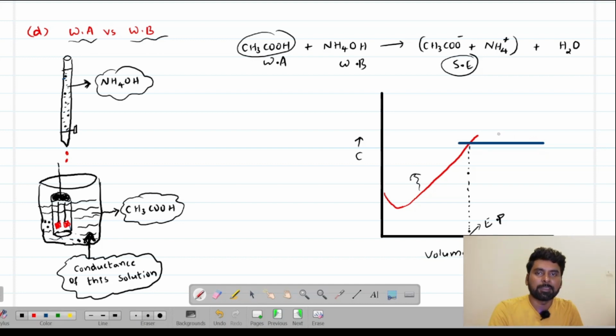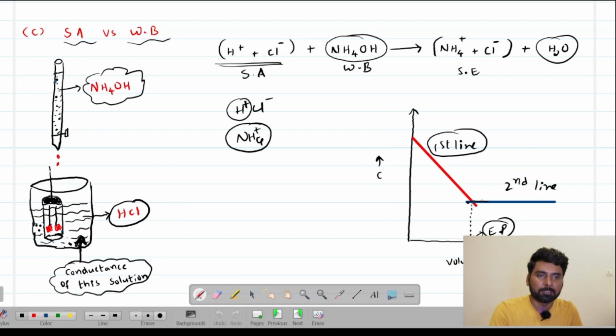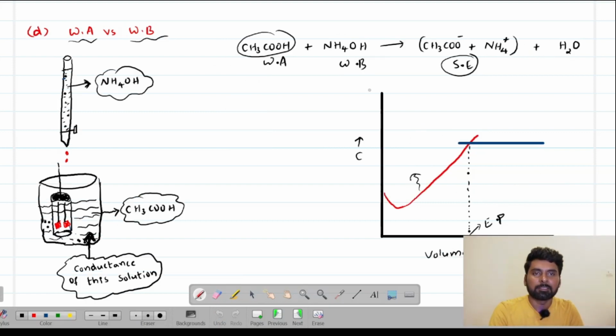Why is it happening like that? Is this line similar to the line which we discussed in this graph? The second line has almost constant conductance. The reason is the same, because after the endpoint you only keep on adding ammonium hydroxide, which cannot give appreciable change in the conductance value. That's why it will be like that only. So you can take it like that.